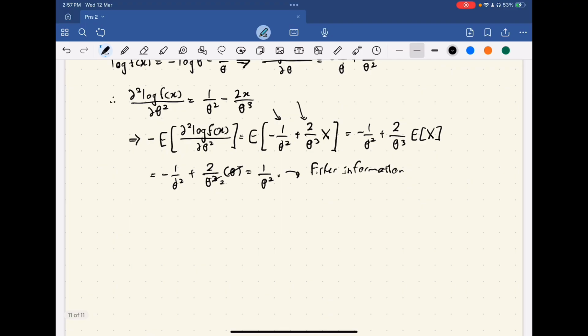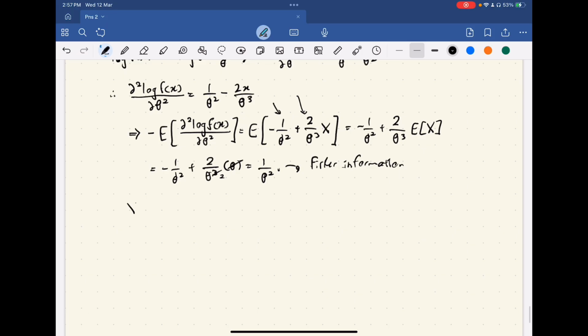So from the example that we worked on from the last video, right, we know that x bar converges in distribution to normal with mean being the expected value, which means theta itself, and then the variance of x bar being 1 over n multiplied by the Fisher information.